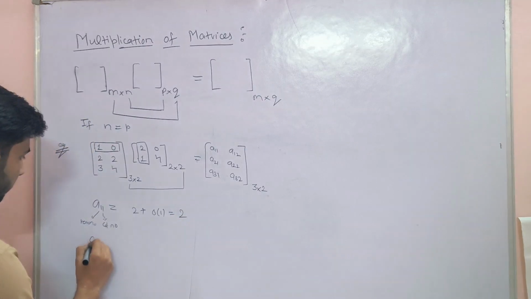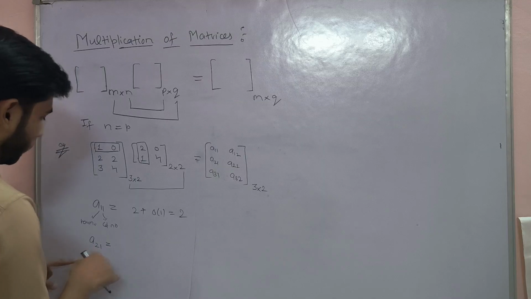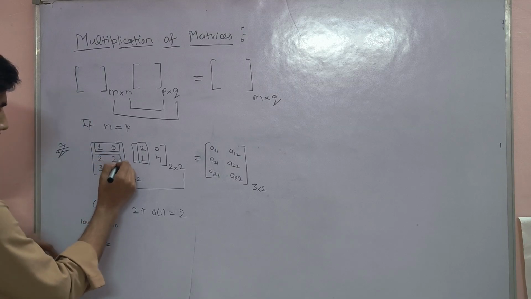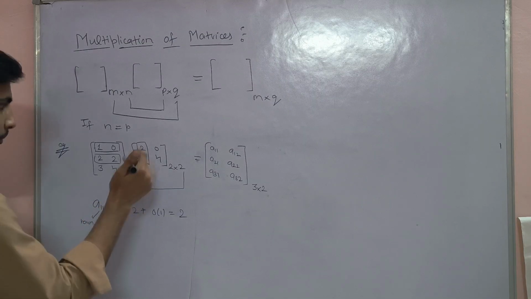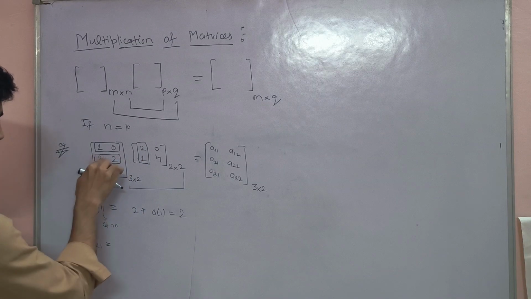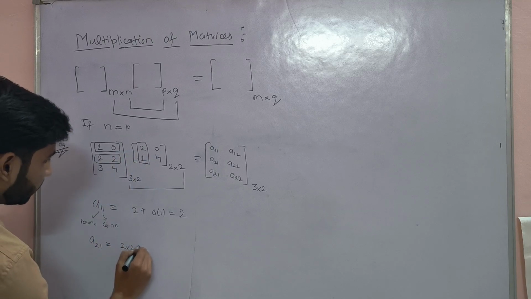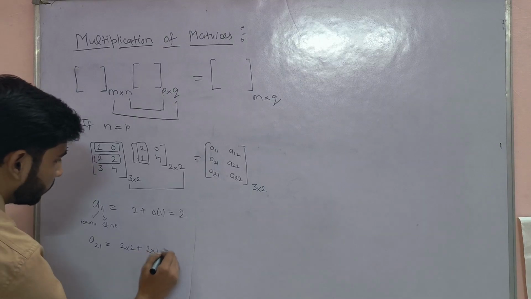Similarly, if we find A21, here we take row number 2 and the same column. We multiply 2 into 2, 4, plus 2 into 1, 2.